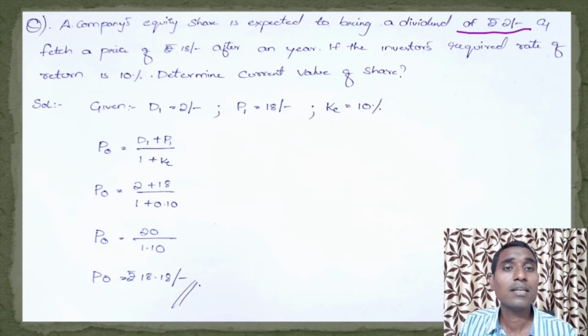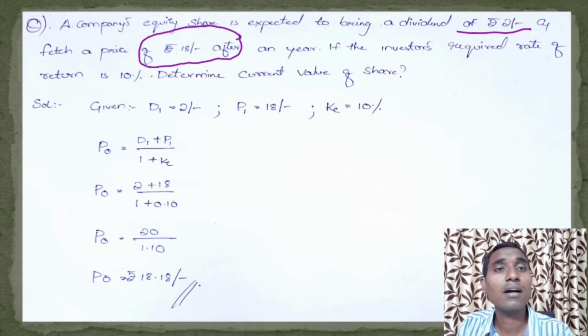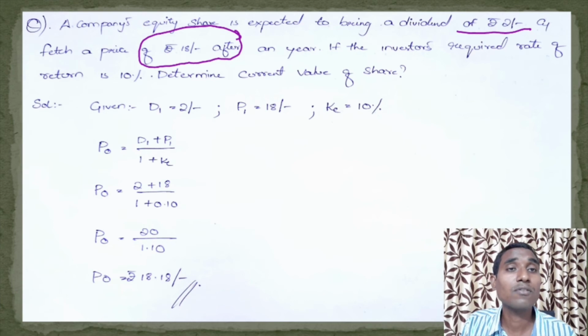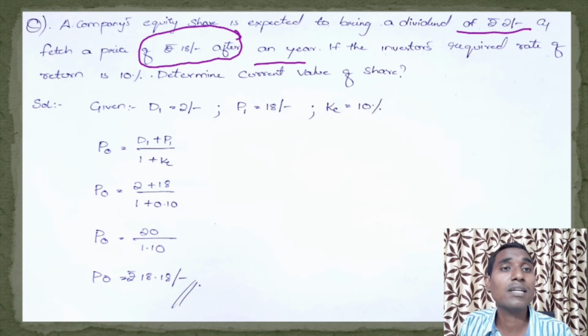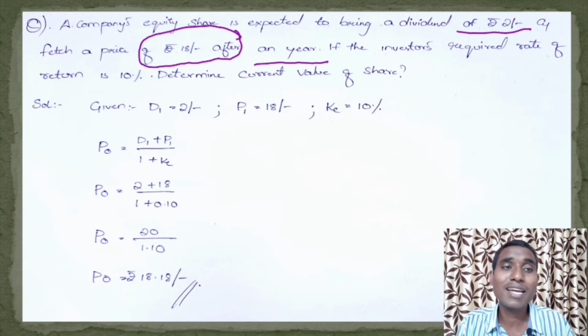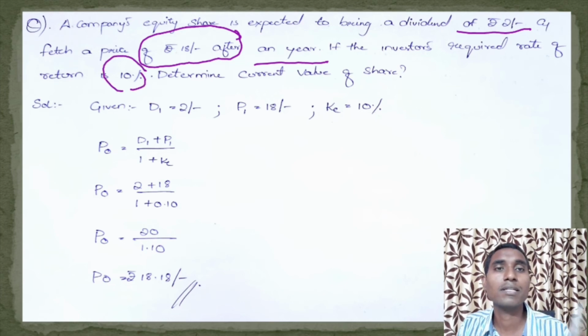Again he is telling us it will fetch rupees 18 after a year, which means he is holding for a single year. So you need to again apply the 1 year holding period formula. He will sell at 18 rupees after holding for 1 year. If the investor's required rate of return, or cost of equity, is 10%, then determine the current value or the present value of the share.